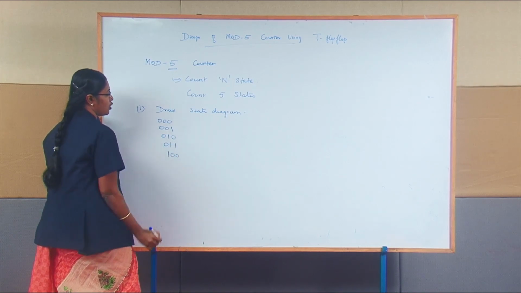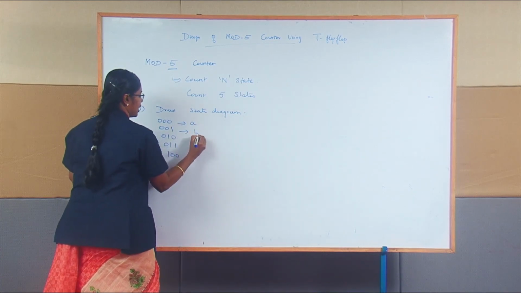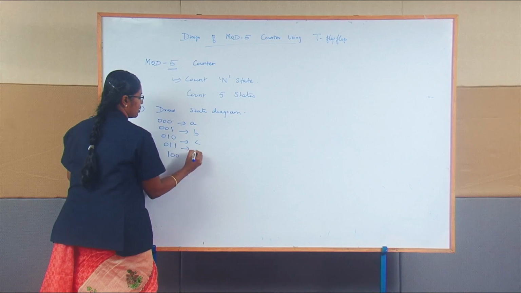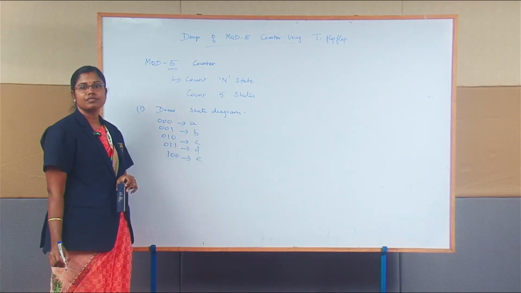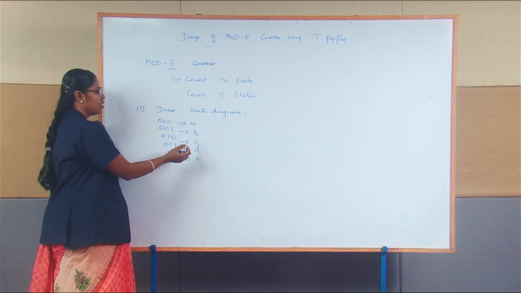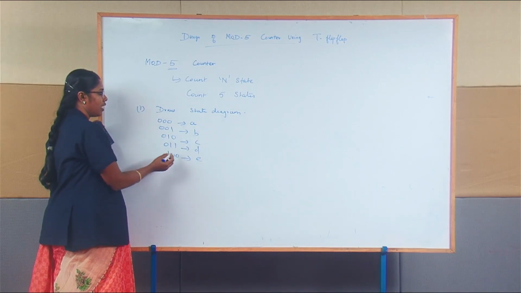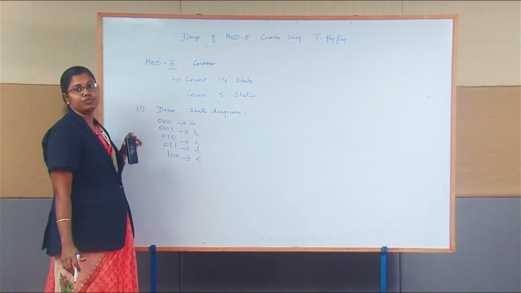It counts from 0 to 4. So assign these as state A, B, C, D, and E. State A is 0, 0, 0, B is 0, 0, 1, C is 0, 1, 0, I have assigned state D as 0, 1, 1, and E is 1, 0, 0.